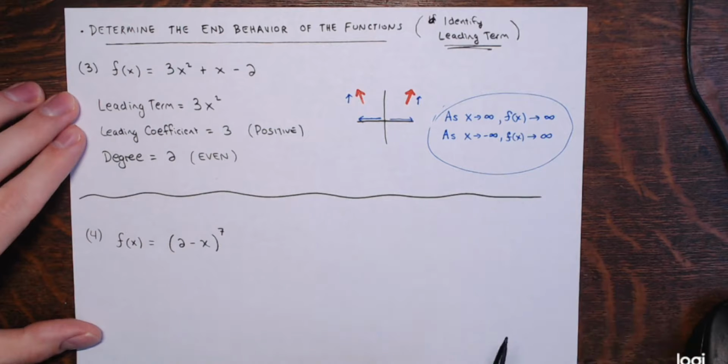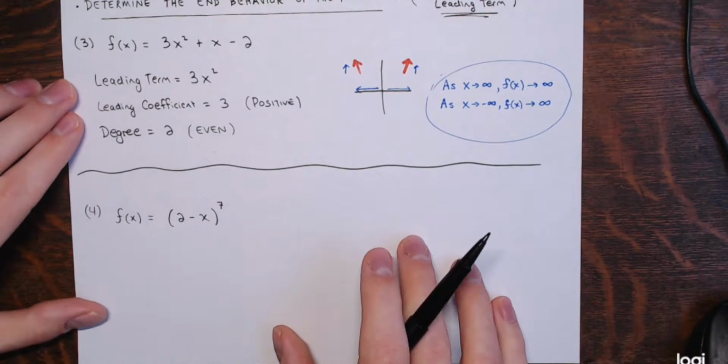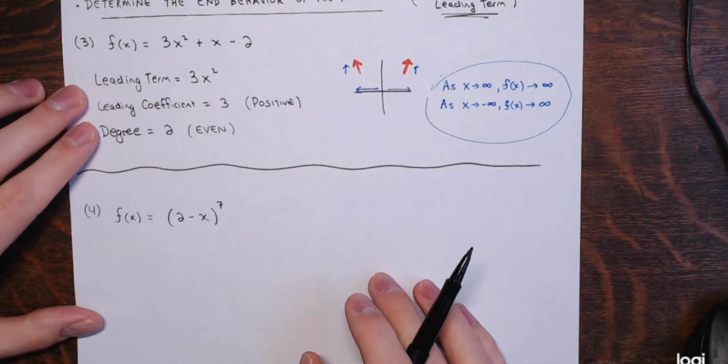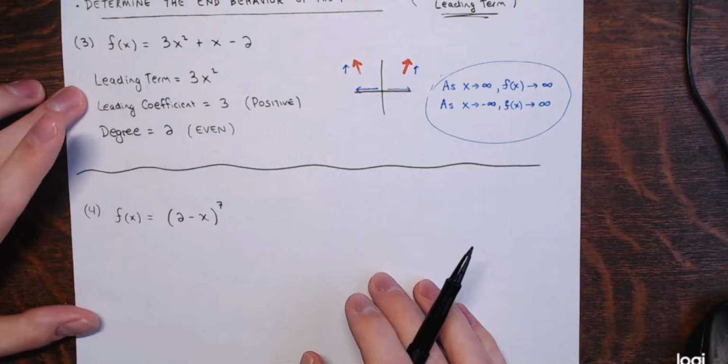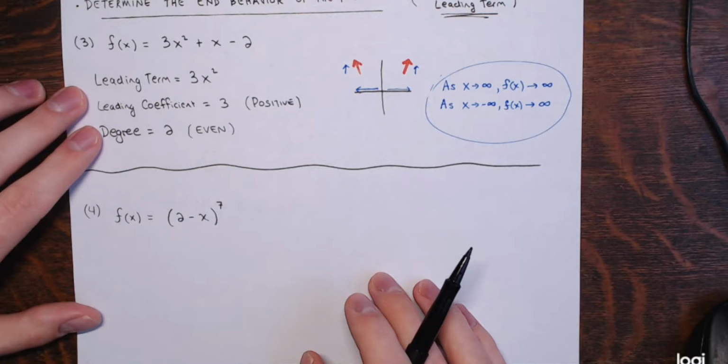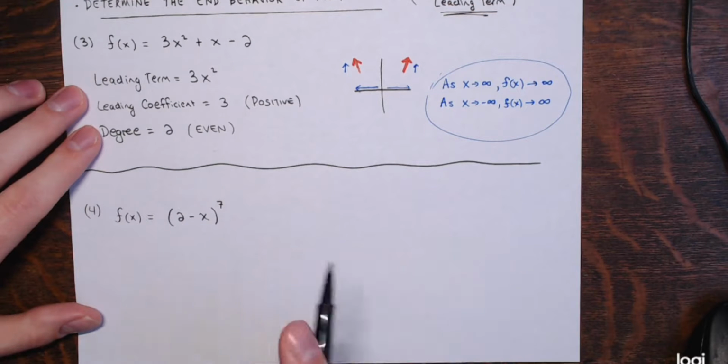Now, this one, it would be a huge pain to multiply this all out, because you see it's 2 minus x to the 7th power.